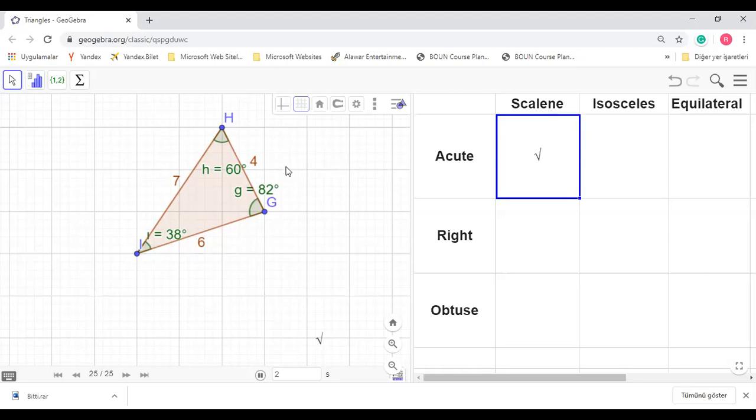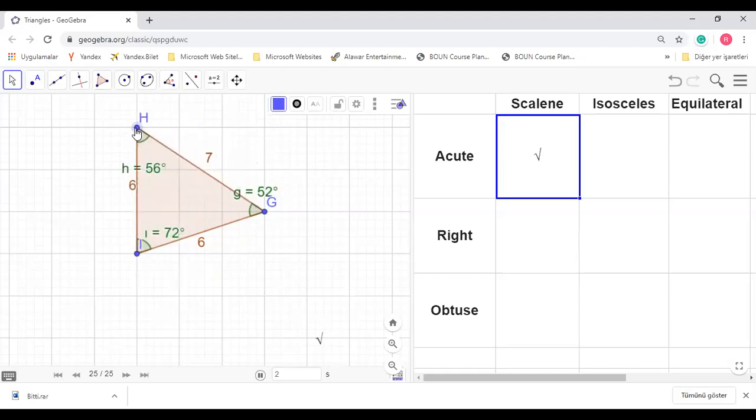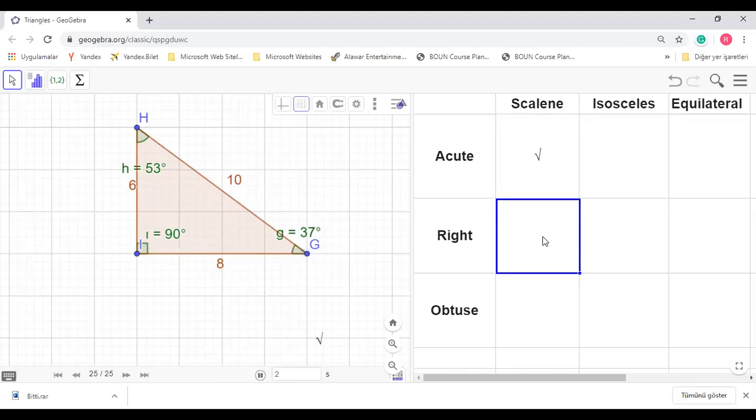And let's look at a right scalene triangle. Let's try to create. Look, we created it. All its sides are different and at the same time one angle is a right angle. Great.